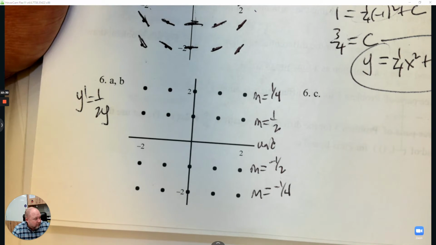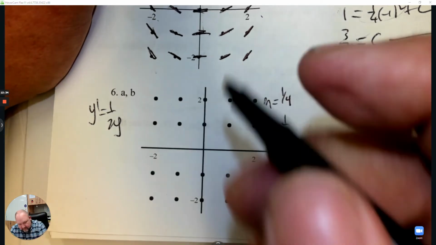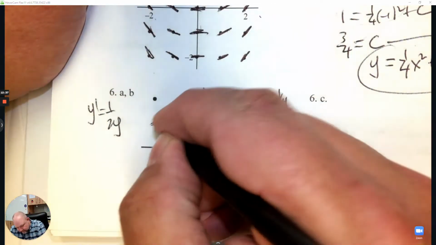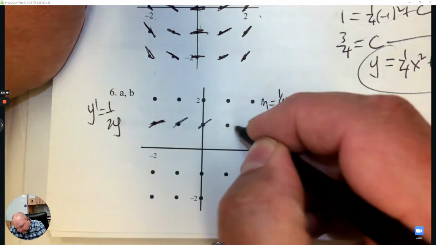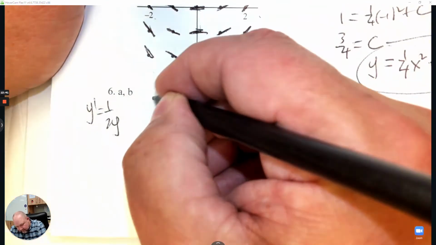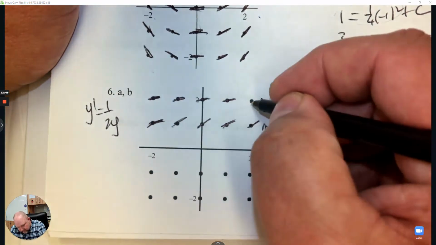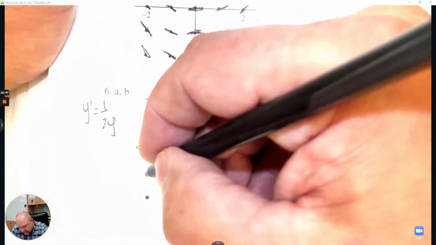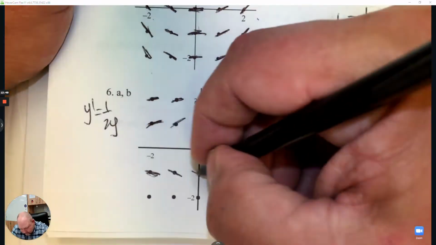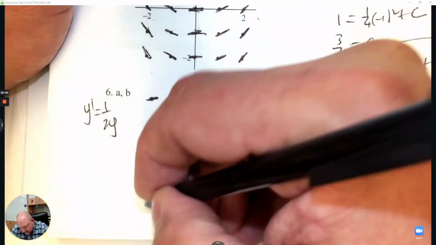Now I'm going to draw the slopes. This one's even flatter. It's negative a half. And this one's even flatter.